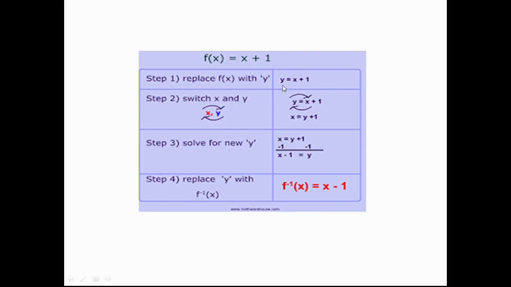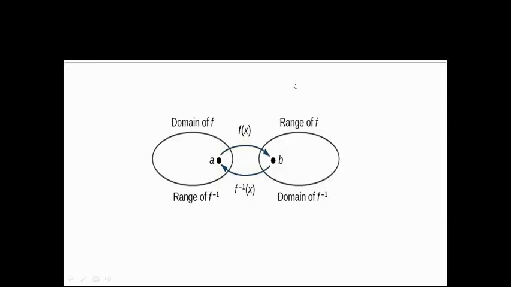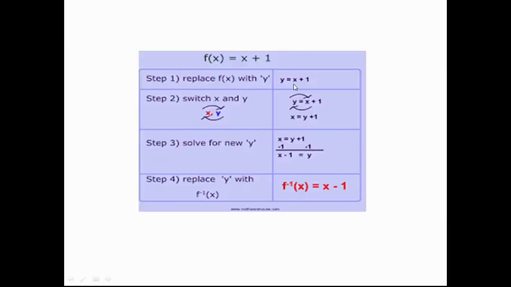Now here we have y equals x plus 1. You just switch x and y, so you write x equals y plus 1. At the place of x you write y, and at the place of y you write x.